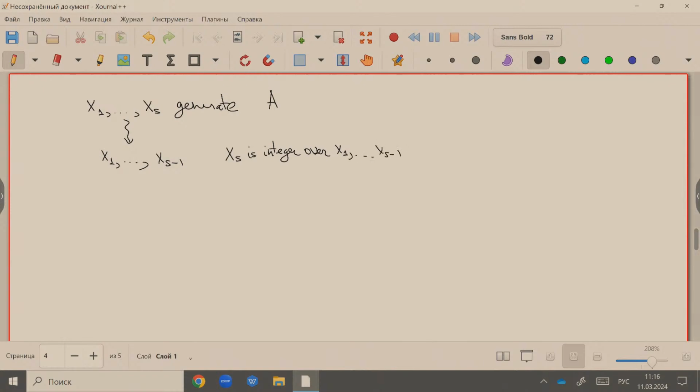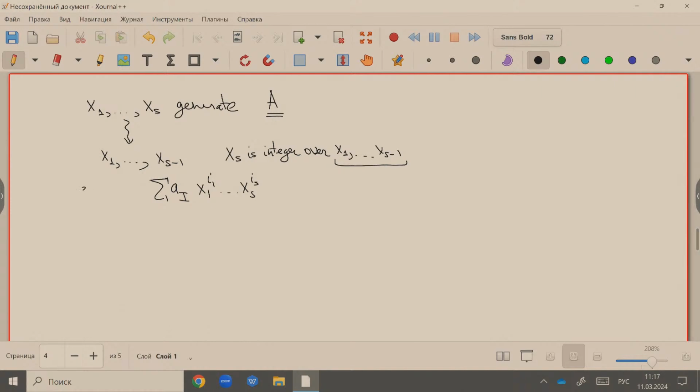This means that we have found a subalgebra in A such that xs is integral over it, and moreover all elements of A are written in the form of sums of ai x1^i1 ... xs^is.